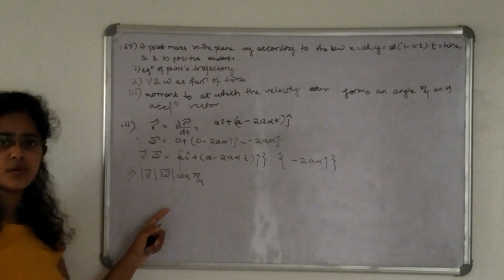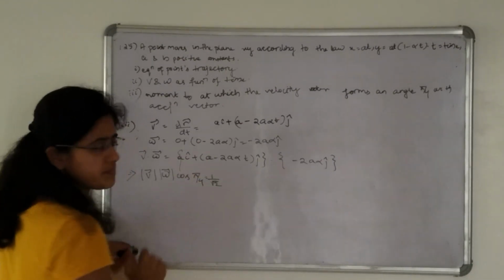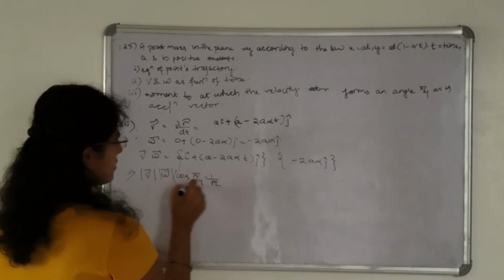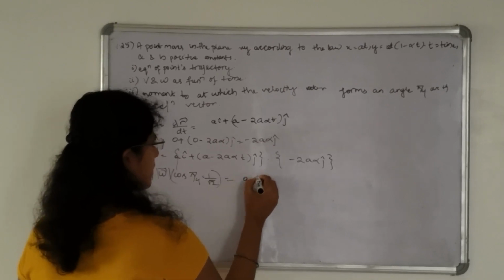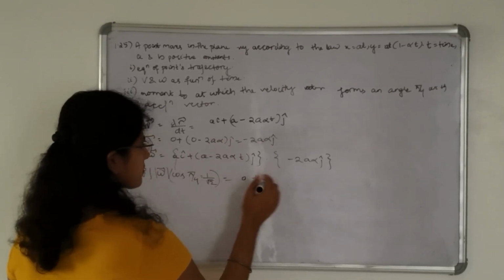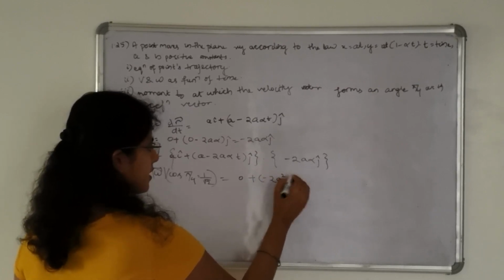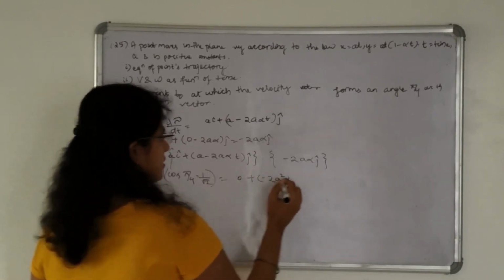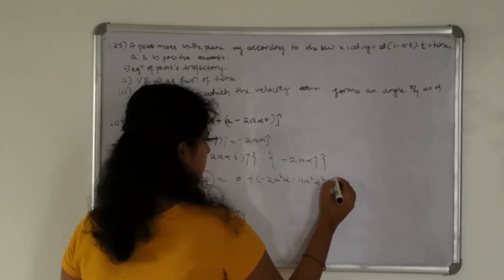Cos pi by 4 means how much? 1 by root 2. Okay, this is equal to 0 plus minus 2a square alpha plus 4a square alpha square t.